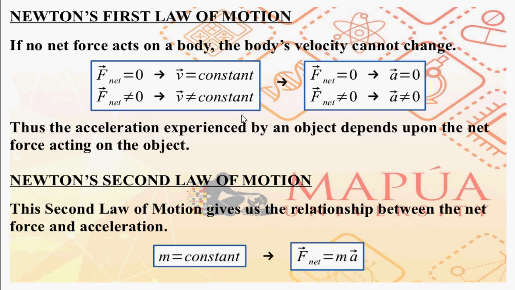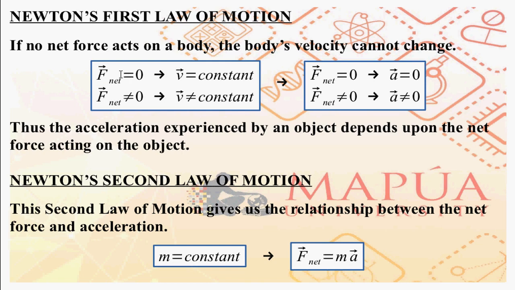And we learned from our kinematics, from our discussion of motion along a straight line, that if the velocity of the object is constant, rate of change of velocity is zero. But if the velocity is not constant, then rate of change of velocity is not equal to 0. Rate of change of velocity is acceleration.